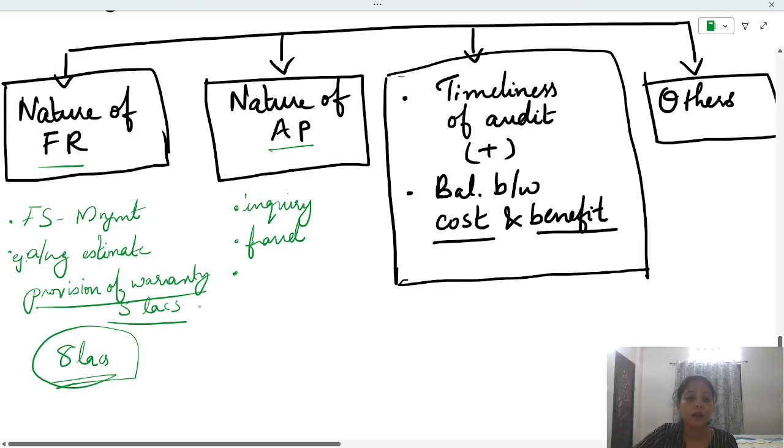Sophisticated schemes, very well organized in such a way that nobody is able to detect them, may have occurred in the company. Through the procedure, we are able to find almost everything, yes, but can you say 100% we have traced everything? No, still there is a susceptibility that something is not traced. So due to the nature of audit procedure also, we can say that it is a limitation to the audit.